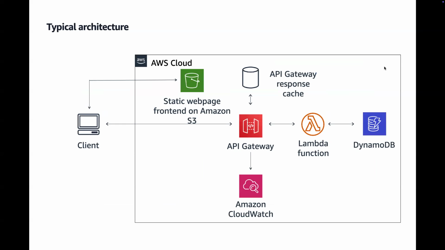The typical architecture that we'll have when hosting a web app with Lambda is this one. We will host all the static content of the app in an S3 bucket here, and we have CloudFront serving this content to the users.